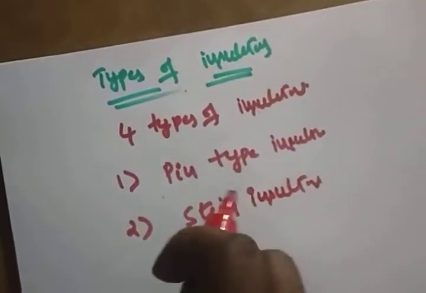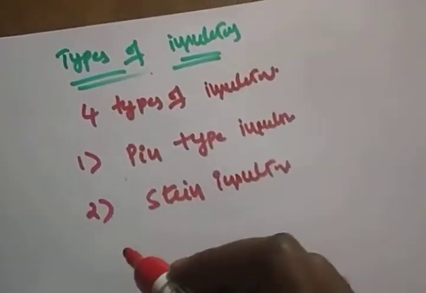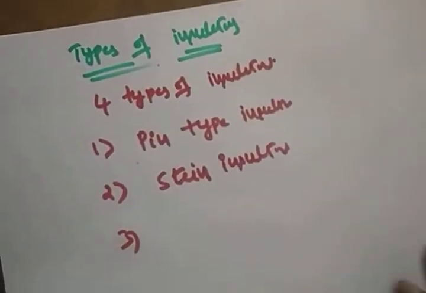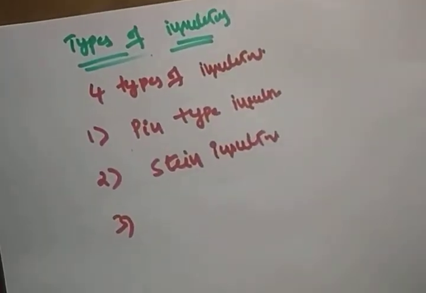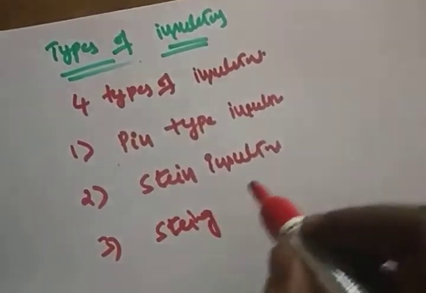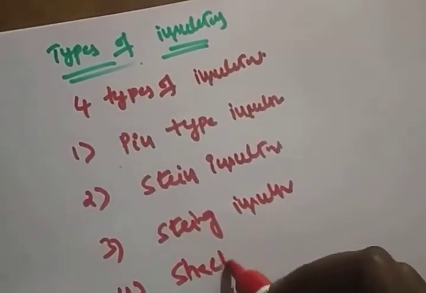You see all these insulators in real life, in your distribution system and on the street, but you may not know what type of material or insulator is used. After these videos you will get an idea. This is the pin type insulator, and we will see why we use it here. After that, string insulators, and the fourth one is the shackle insulator.